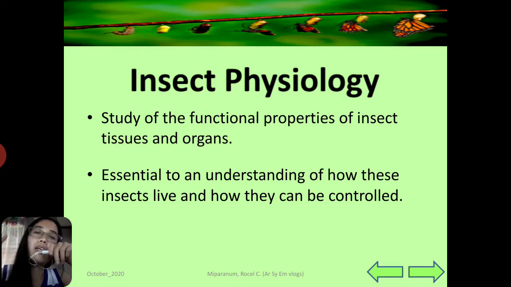As an agriculture student, it is really important for you to know their physiology, their basic life processes, so you can understand them better and identify which insect is a beneficial one and which is a pest.